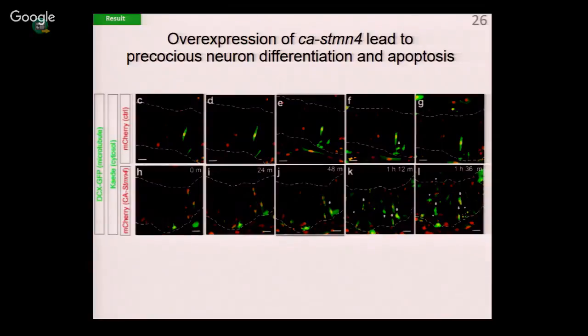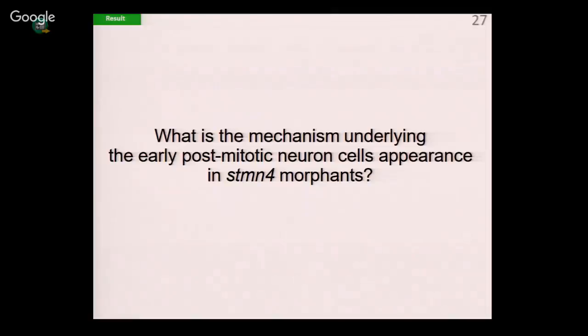Furthermore, some progenitor cells have morphological changes with fragmented microtubules and undergo apoptosis regardless of LVO3 expression. This result indicates that overdose of CA-STEM4 can disrupt viability through interruption of microtubule dynamics. Both precocious neurogenesis and apoptosis occur during the neural keel stage in CA-STEM4 overexpressing embryos.